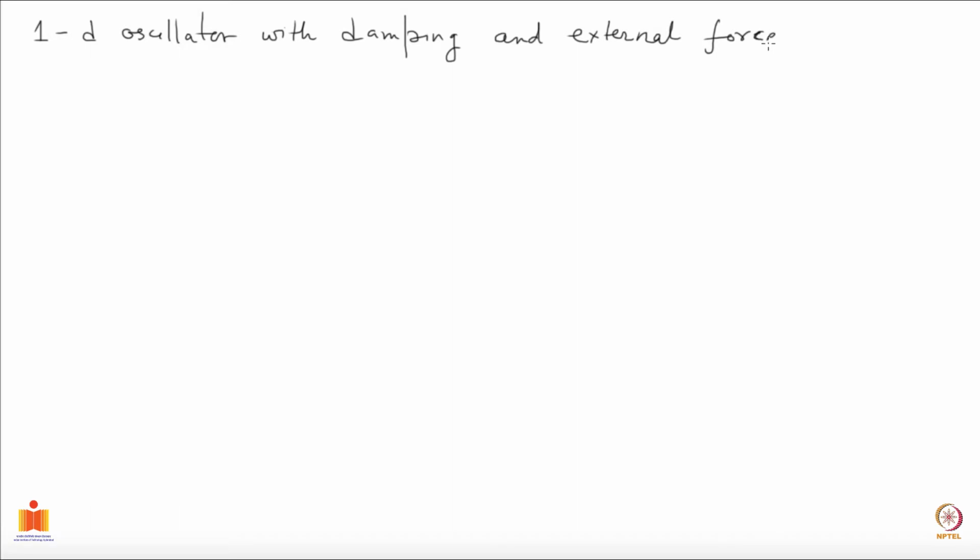Okay, so we will look at a 1D oscillator with damping and external force. Okay, so let's write down what the equation of motion would be.